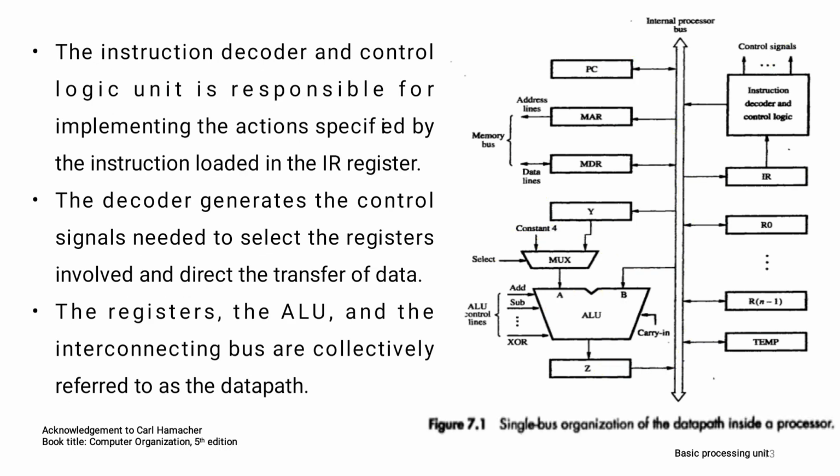The instruction decoder and control logic unit is responsible for implementing the action specified by the instruction loaded in the instruction register. So which control signals must be generated by the instruction decoder and control logic depends on what instruction is stored in the instruction register.